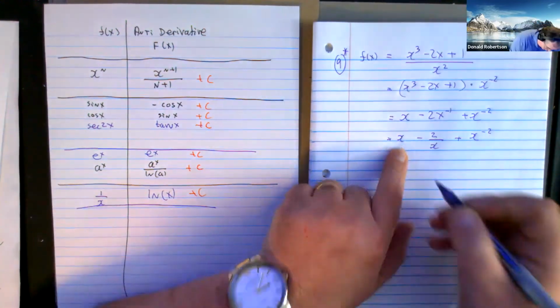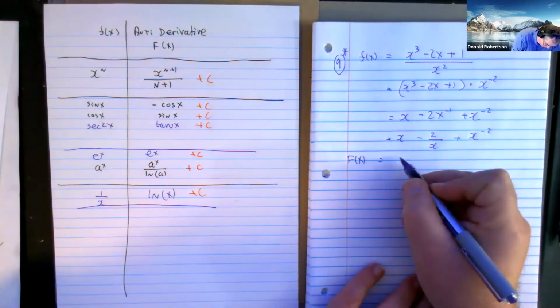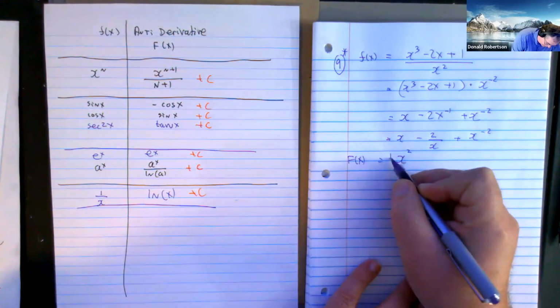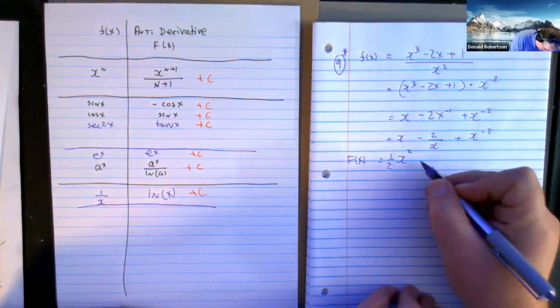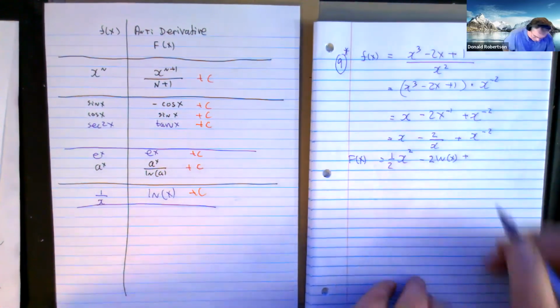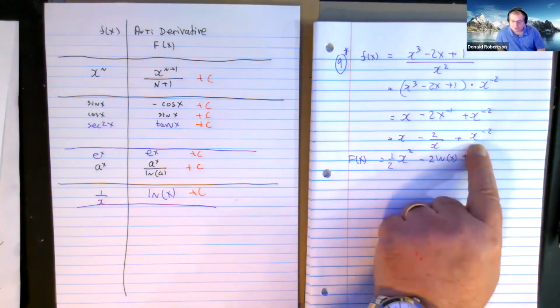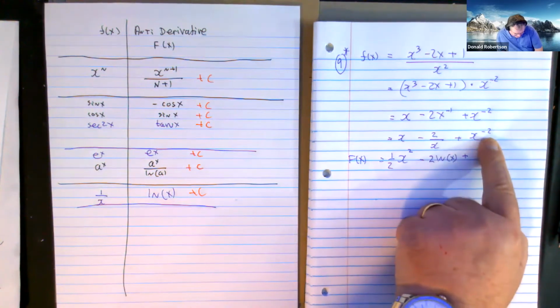So, power rule for the first one: add 1 to the power and divide by the new power. The middle one is a log, so -2 logs. The last one is a power rule too. As long as it's x to the power of anything, the only exception being x to the -1, anything else will work.